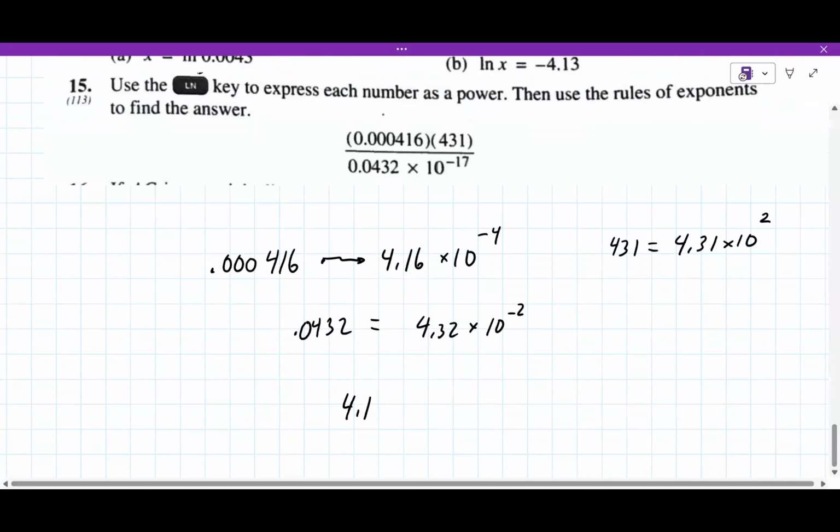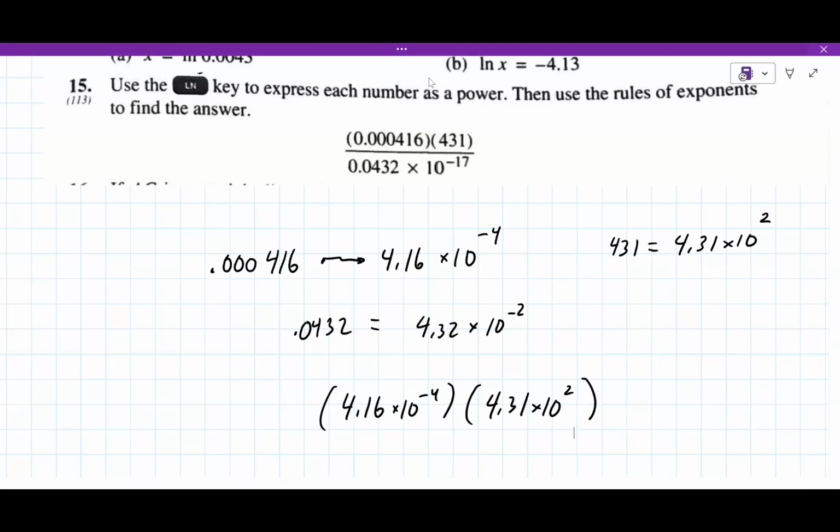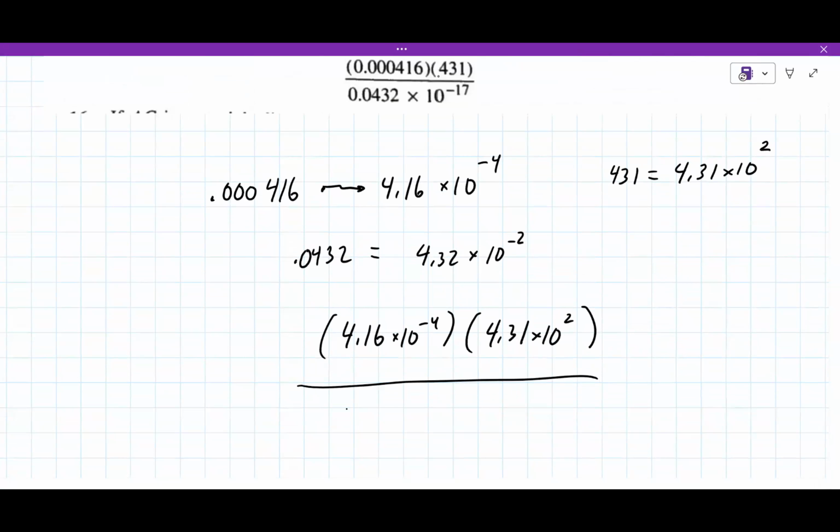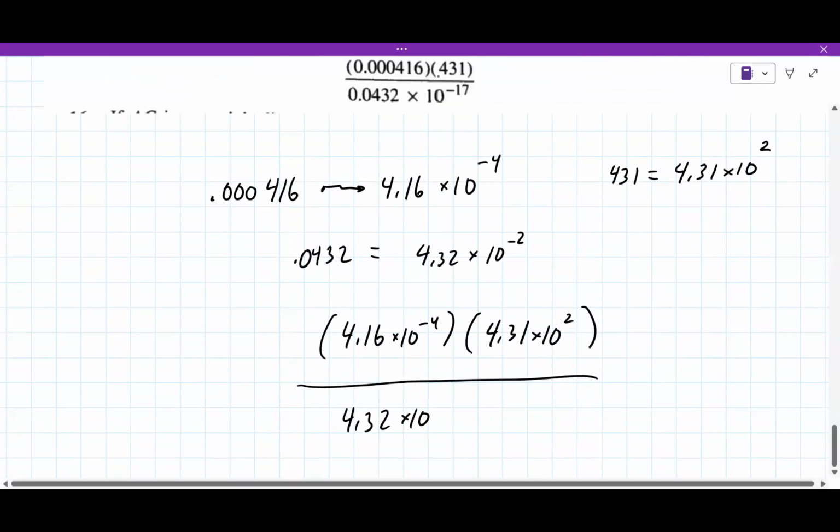So we have 4.16 times 10 to the minus 4, 4.31 times 10 to the power of 2, and then over 4.32 times 10 to the minus 2 times 10 to the minus 17.